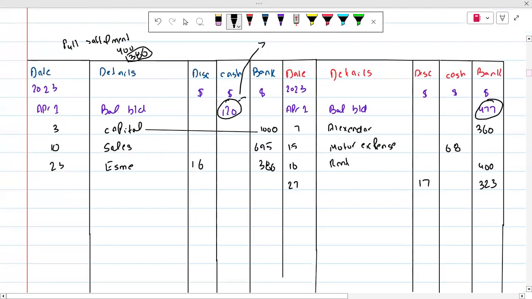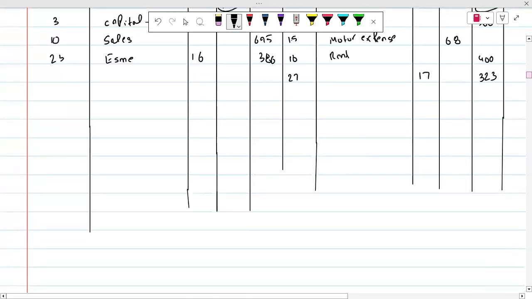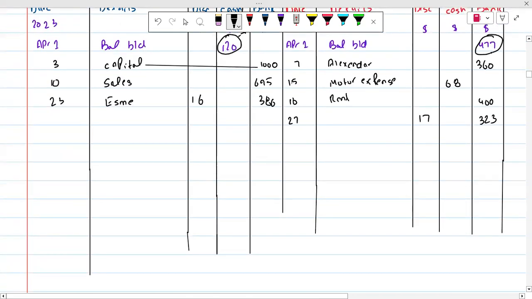Okay, so now we are going to add the amounts. Okay, so let's add the credit side first. $477, 360, 400, and 323.